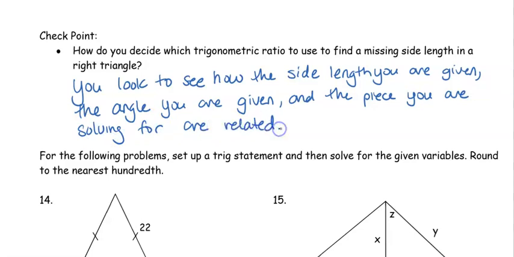So there's always going to be three pieces, an angle and two sides, and you look to see how they're related. Are they opposite, adjacent, hypotenuse? So is it sine, cosine, tangent?